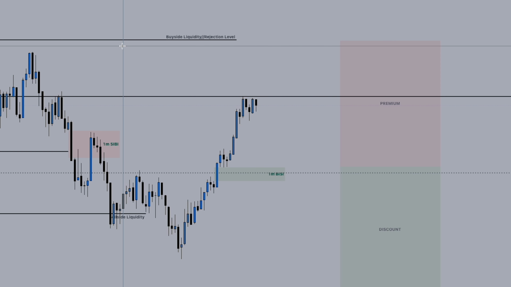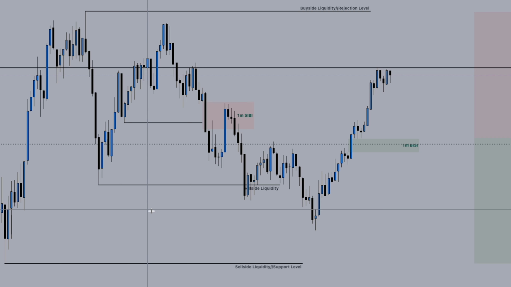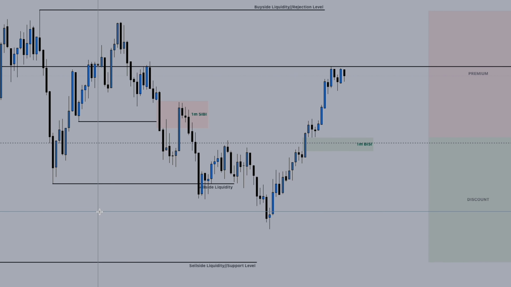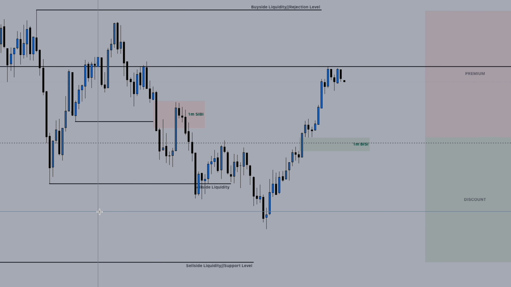And I showed a quick snippet of my scalping model of what I look for on a 1 minute chart, but everyone can take this and just start drawing out these levels, and you'll see that price, more often than not, is going to be attracted to these different levels.